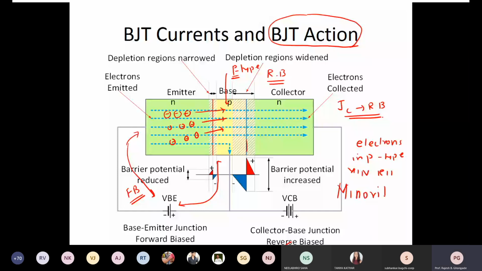This is a very important thing. And we have learned some way back how the reverse bias affects the minority current carriers. Attracted to the positive, will cross the junction. Well, I have put it in a different way a little bit. Let me go back and refresh your memory.